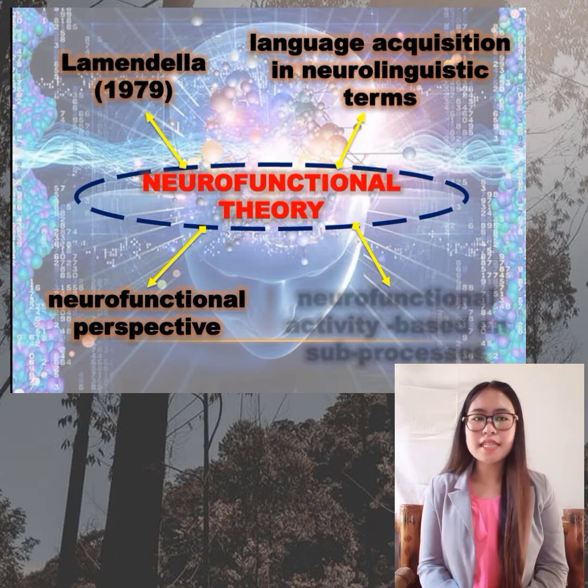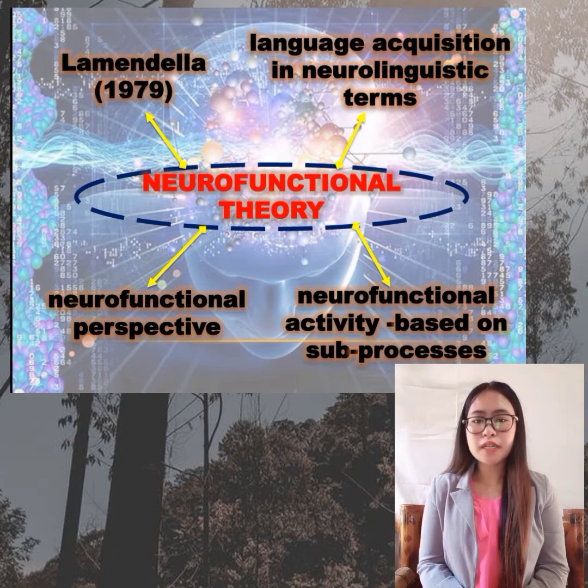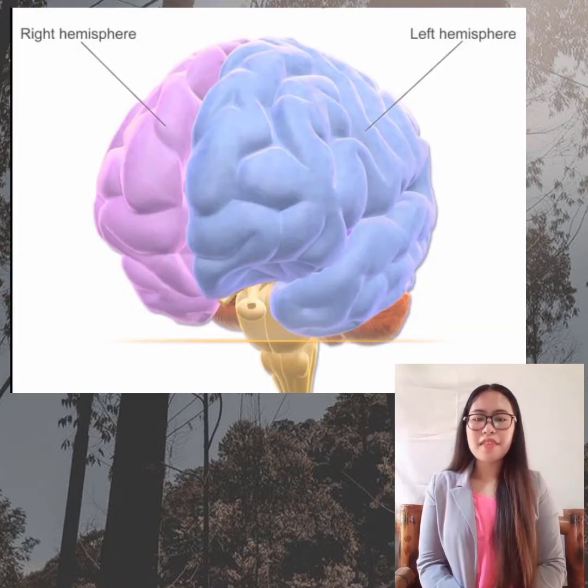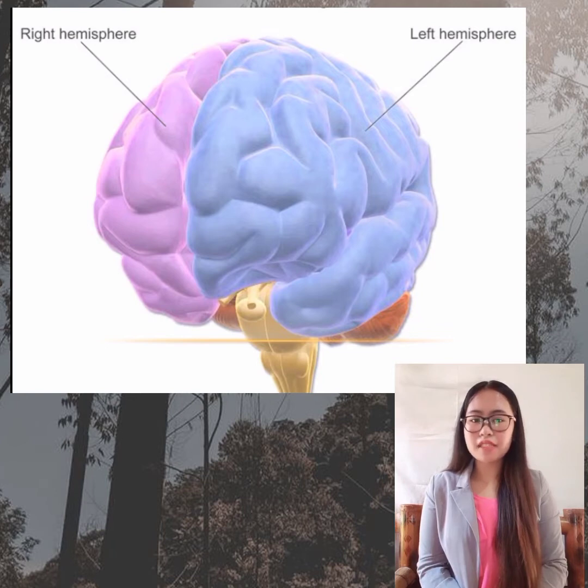Then, it is said that the neurofunctional activities are based on sub-processes which take charge of a specific piece of language itself. Next, the neurofunctional theory's account of second language acquisition recognizes the contribution of both the left and right hemisphere of the brain, which will be discussed subsequently.